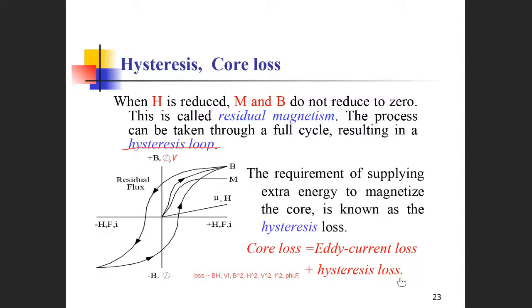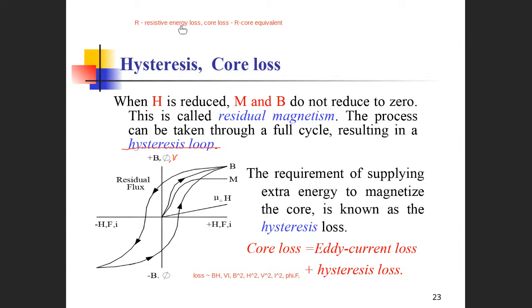Now, you should understand that in practice, on coils, there are two types of energy losses.